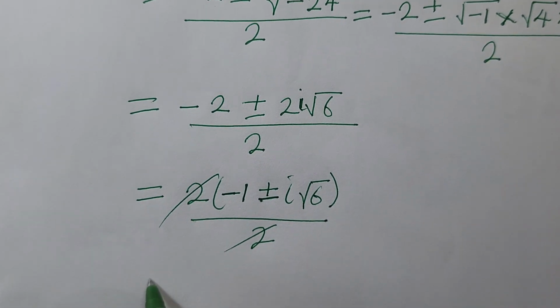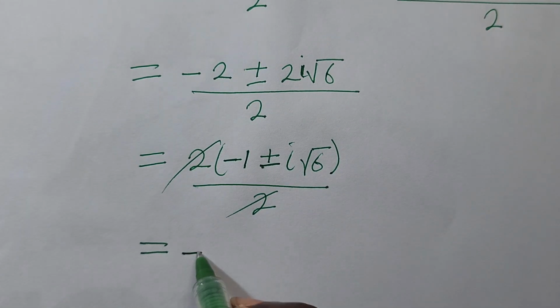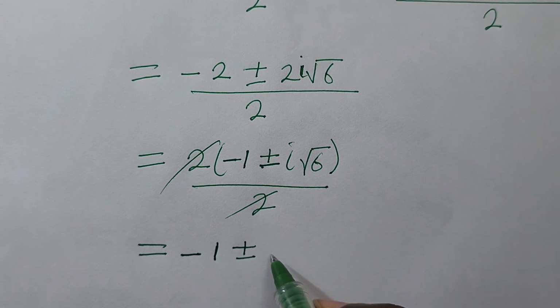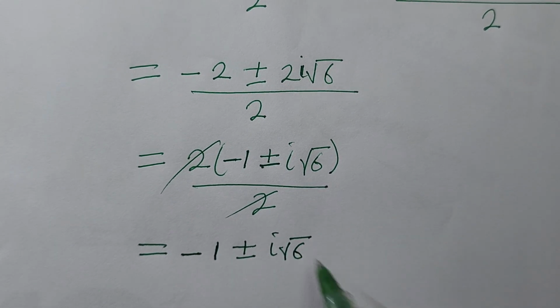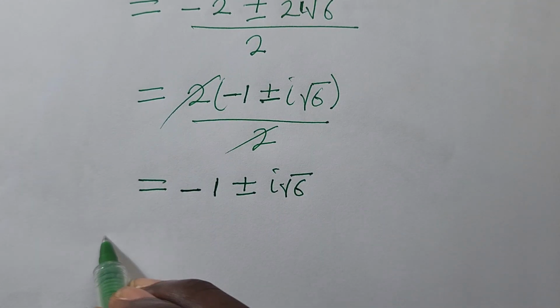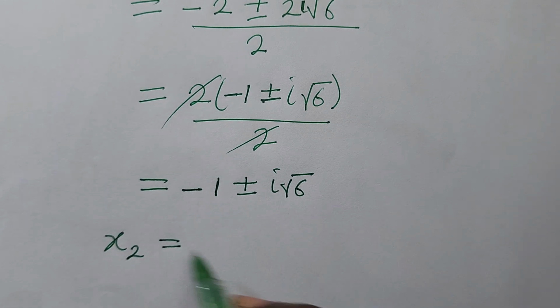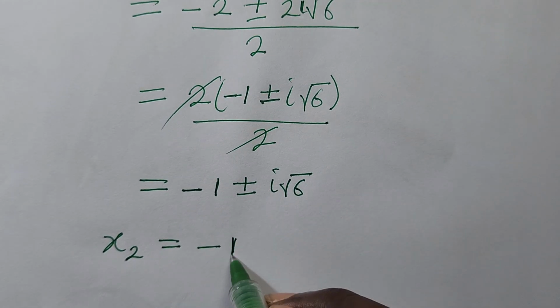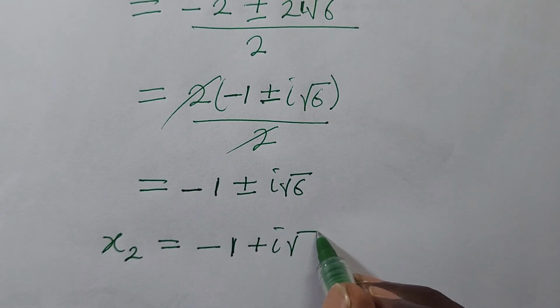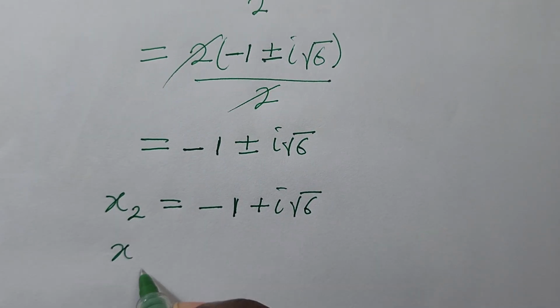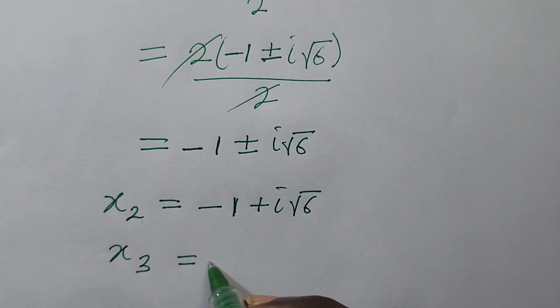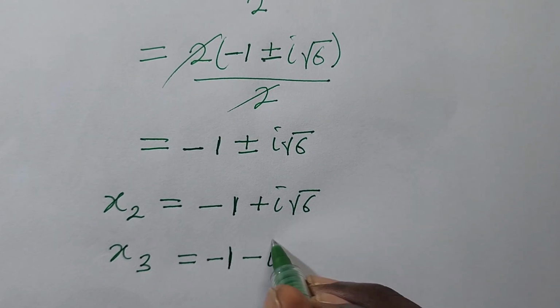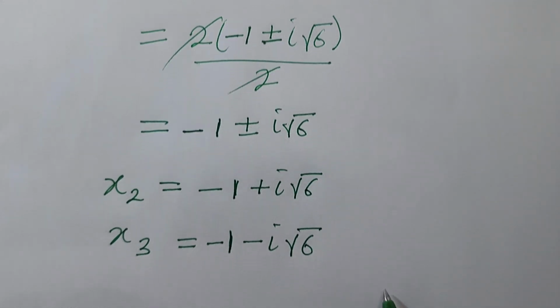So we'll end up having x will now be minus 1 plus minus i into the square root of 6. So we have x2 is equal to minus 1 plus i square root of 6. The x3 is equal to minus 1 minus i square root of 6.